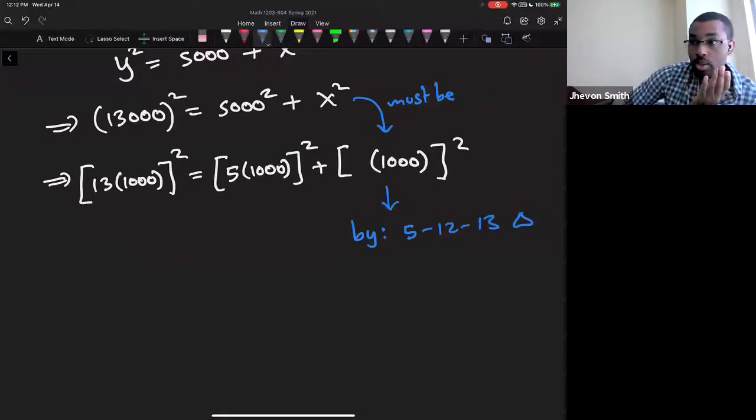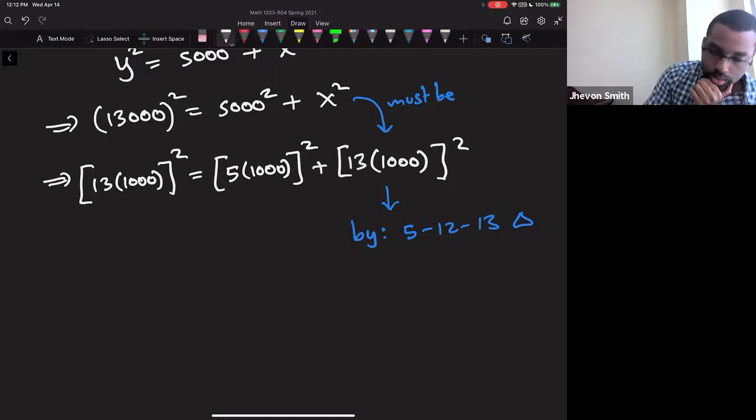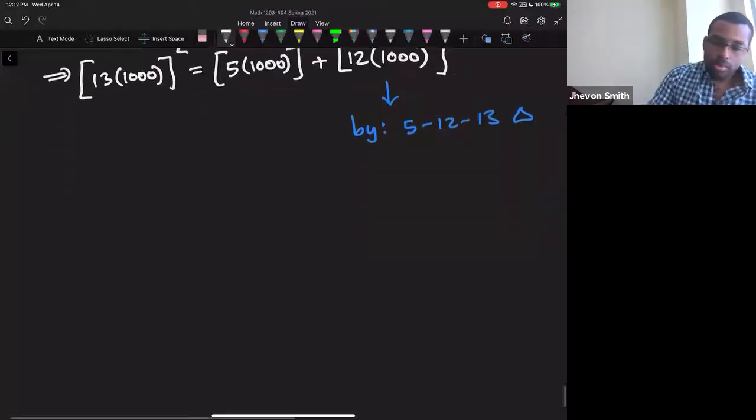Those go together. 5 squared is 25, 12 squared is 144. You add 25 to 144, you get 169. 169 happens to be 13 squared. So those guys always go together. 5, 12, 13 is another common pairing.